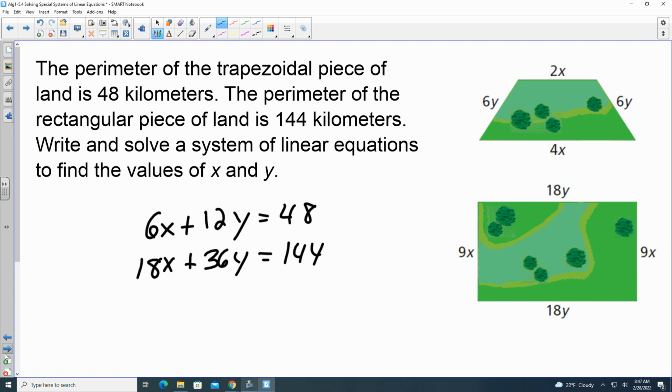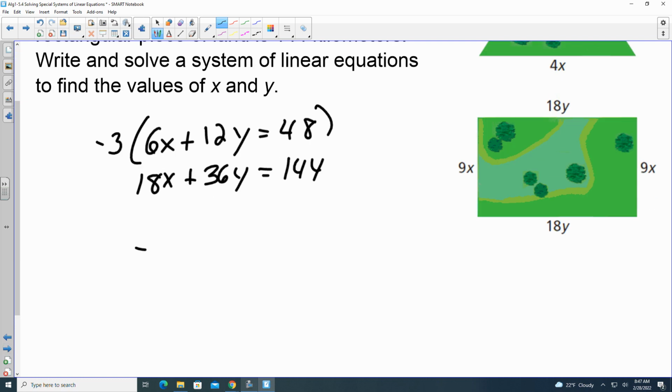Actually, what I'm going to do is try to get rid of x. And 6 times 3 is 18, but I want it to be negative, so it's going to be -3. So this is going to be -18x minus 36y is equal to 48 times -3, which is -144.